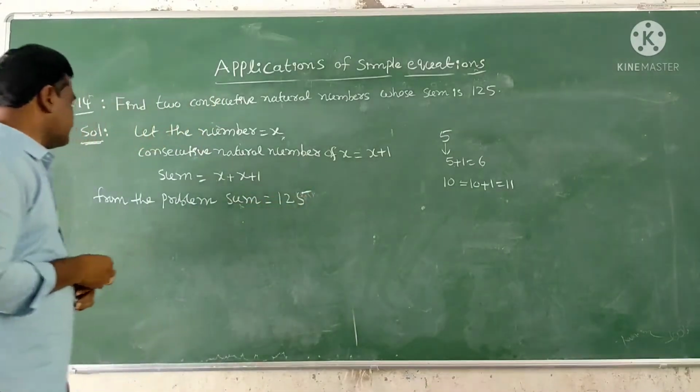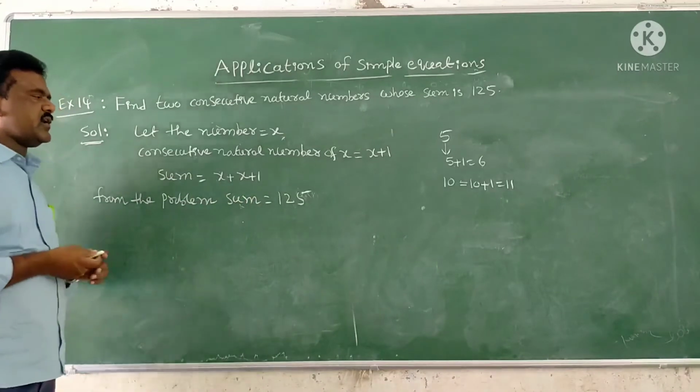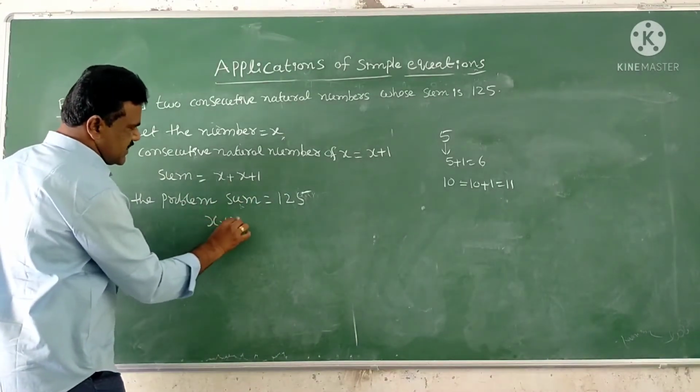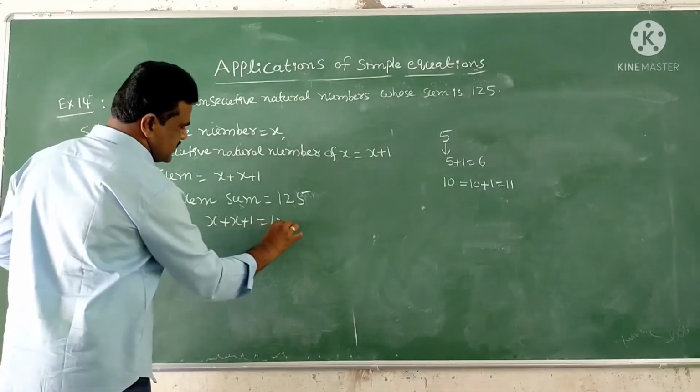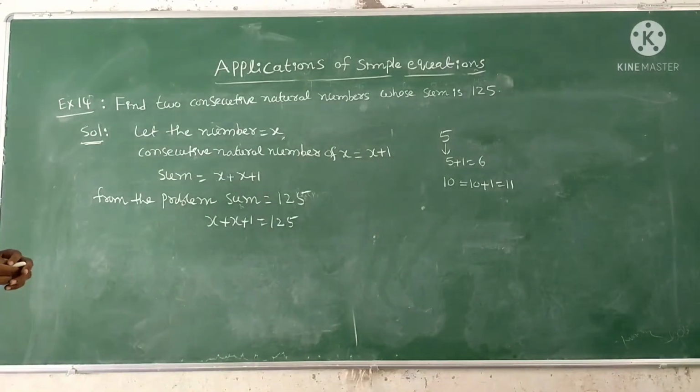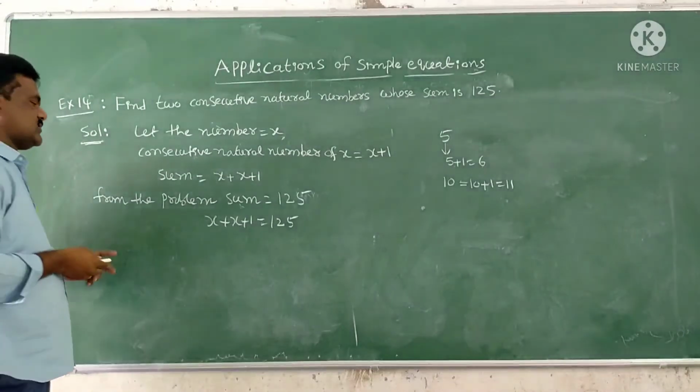Therefore, x plus x plus 1 is 125. This is the equation. So, the fourth point is forming the equation.